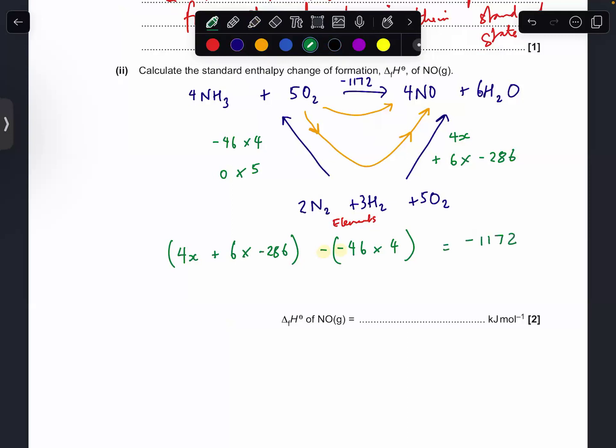So what we do from here, we just rearrange and calculate 4x. So let's try neatening this up. 6 times minus 286. You got a minus minus. So let's make that plus 46 times 4, 184, plus 184 gives you minus 1172.